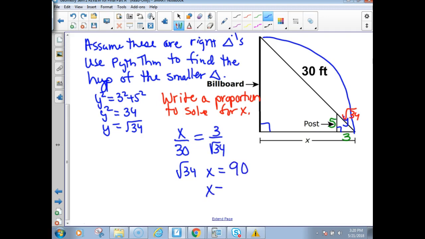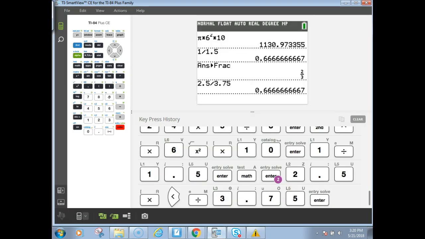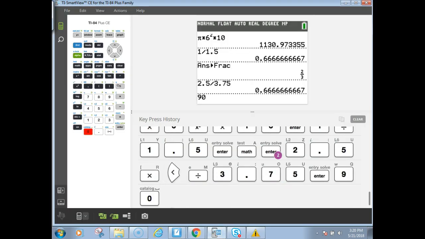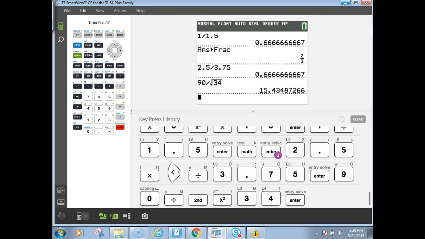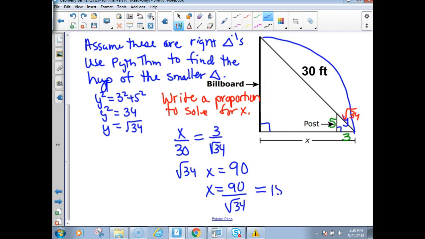So you're going to have to divide 90 by the square root of 34. Okay, 90 divided by the square root of 34. 15.4. And that would be in feet.